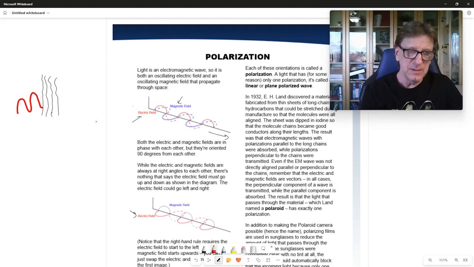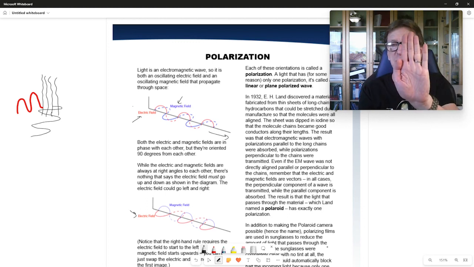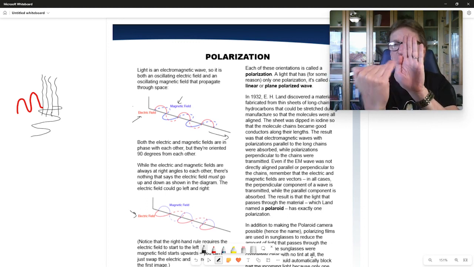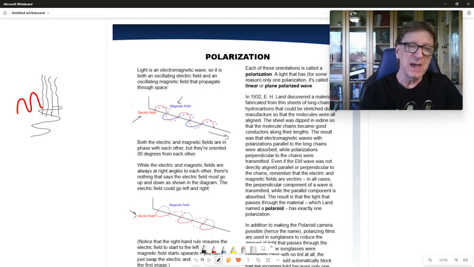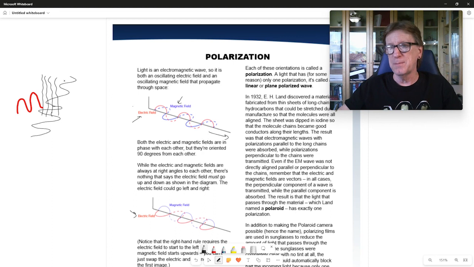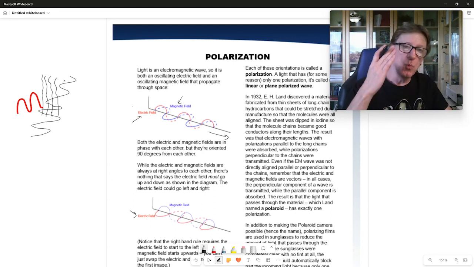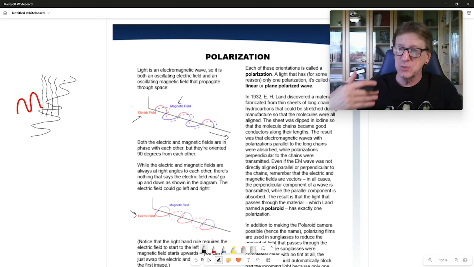On the other hand, if I had an electromagnetic field that was going this way, side to side, so again, here's my polymers, and here's that wave this way, it would actually pass through unimpeded without any problem at all. So what this material does is it only allows one polarization to pass through it.